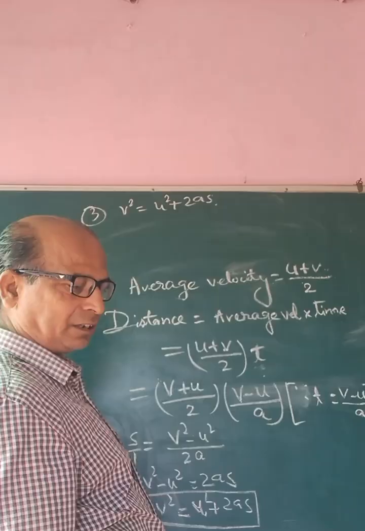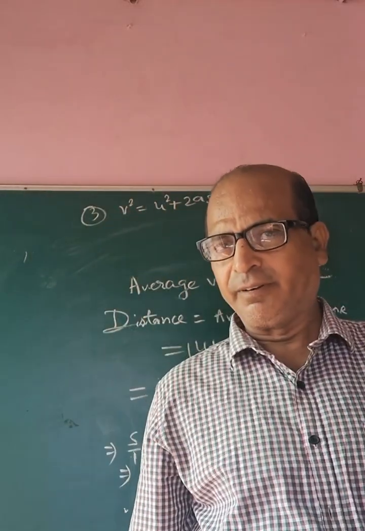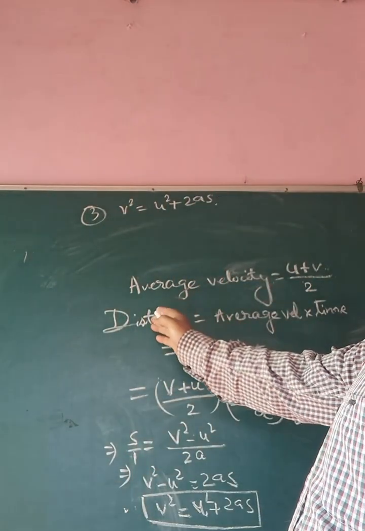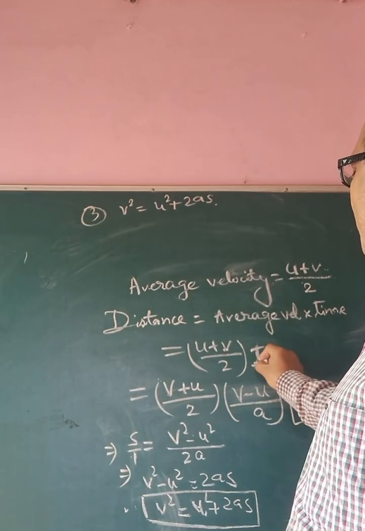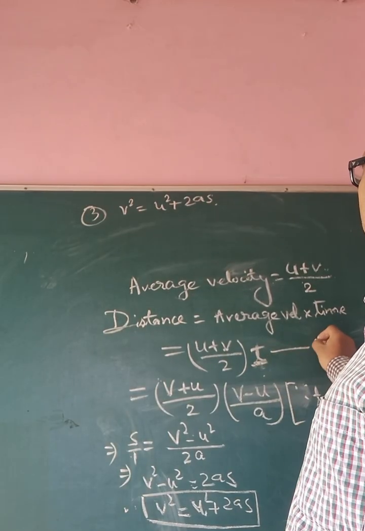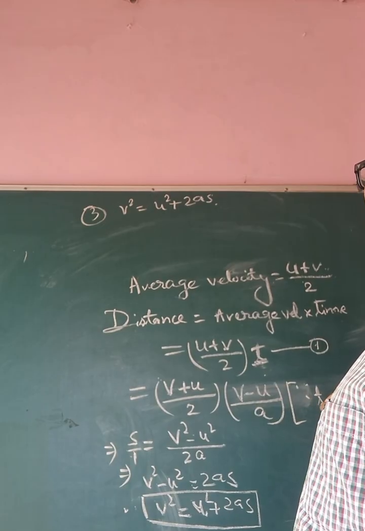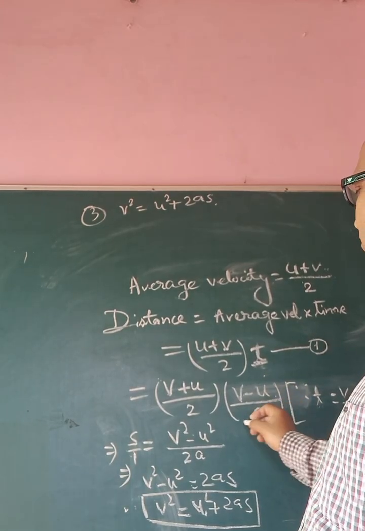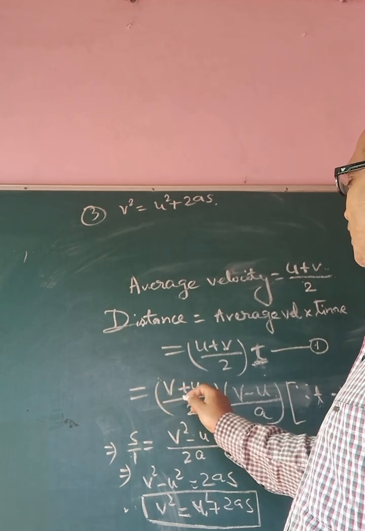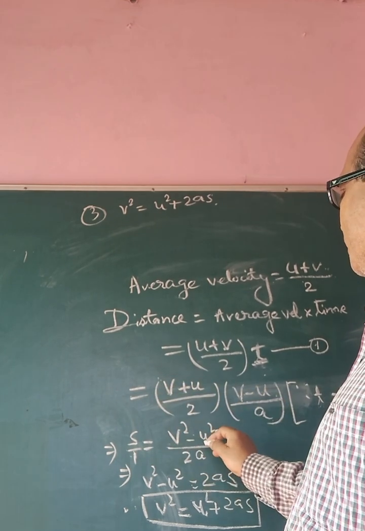Average velocity is the sum of velocities divided by 2, and then distance is equal to average velocity into time. Putting the value of time here, from equation number 1, t is equal to v minus u divided by a. This is the formula a plus b, a minus b, a square minus b square.